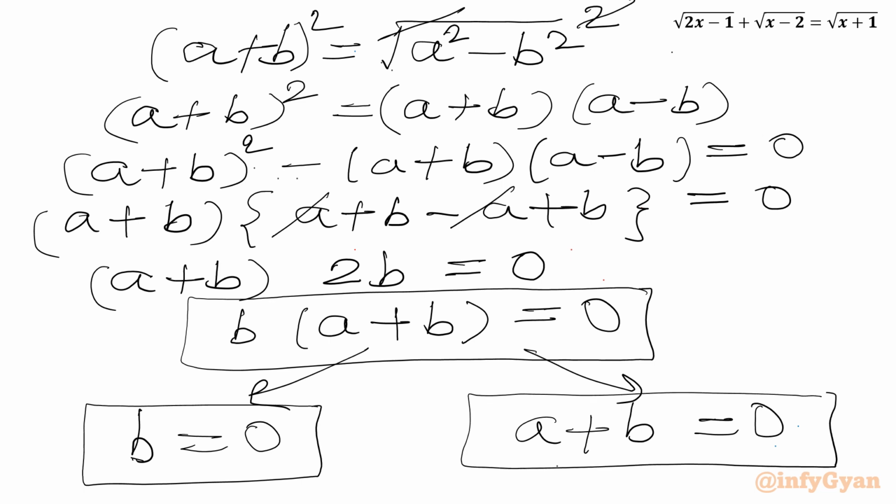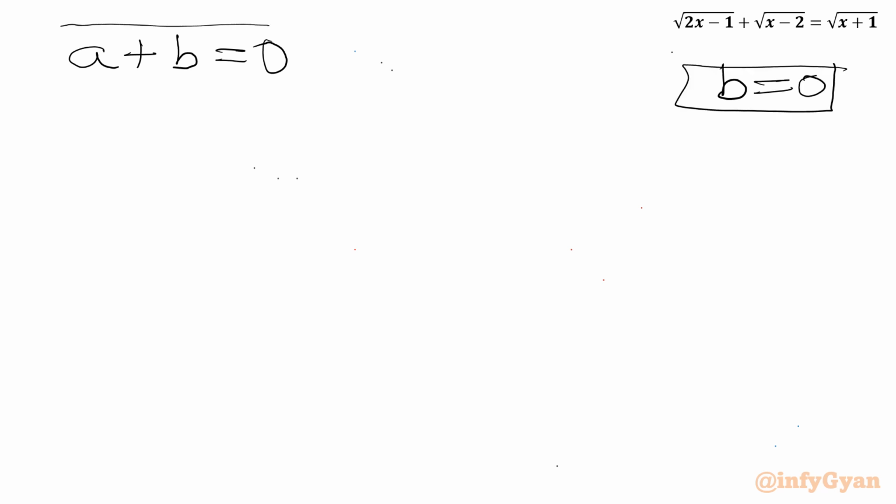Let us solve both the equations. First I will write a plus b equal to 0. Then we will consider the b equal to 0 equation. So from this equation I can write b equal to negative a.